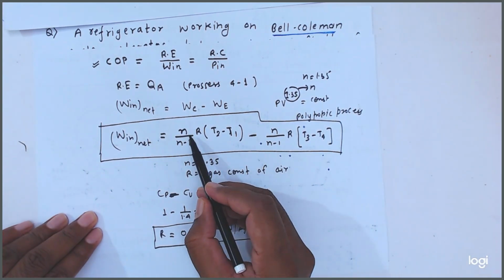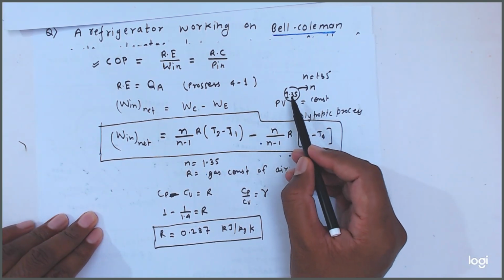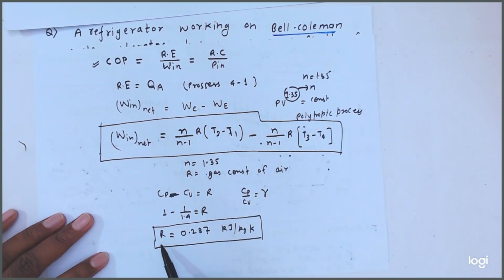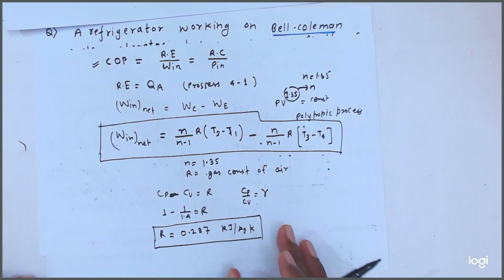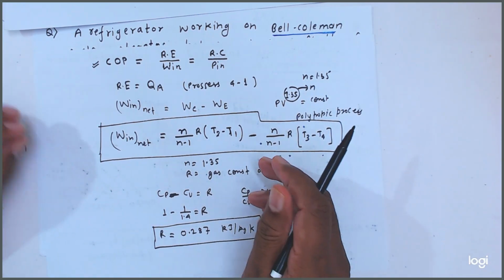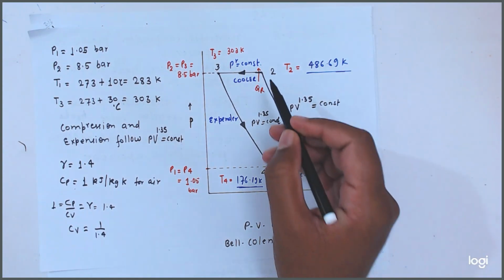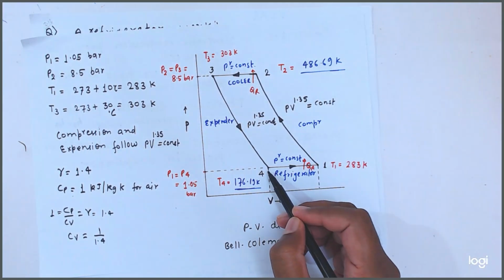And here no doubt should be there. n is 1.35 and R is the gas constant. The value of R equal to 0.287. Okay. Now we will find the temperature at each and every point. Why?